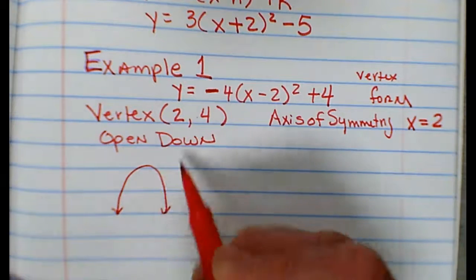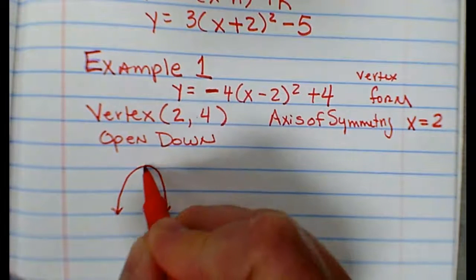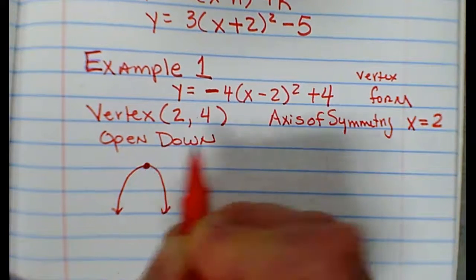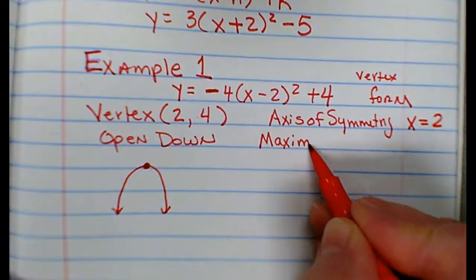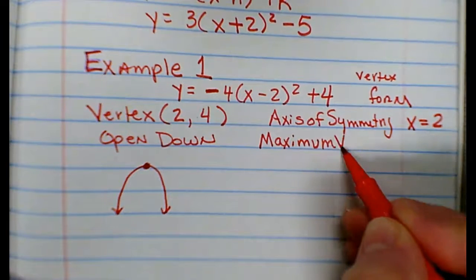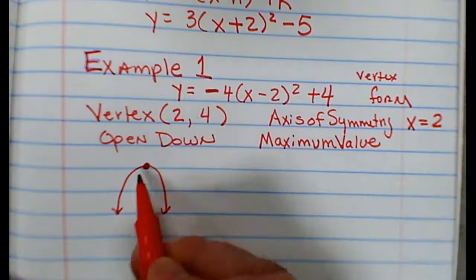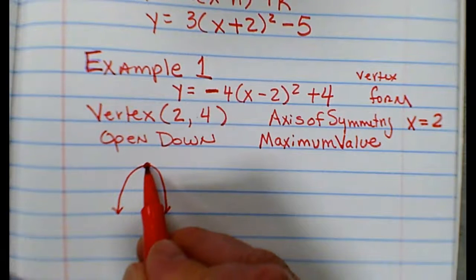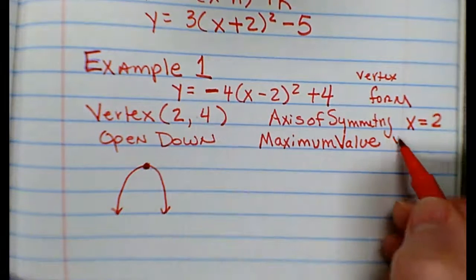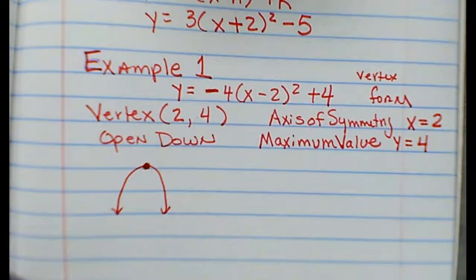If it opens down, it's going to be going like this, and the vertex point will be here, so it will be a maximum. And the maximum value is the y value of this point. That's how high up it's going to go. And so the maximum value is going to be at y equals 4.